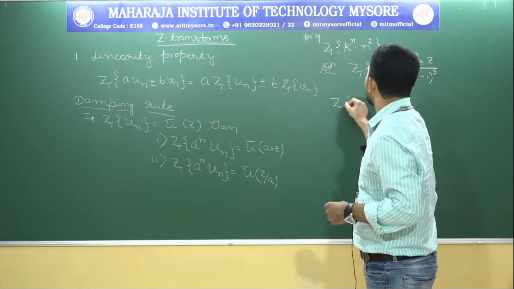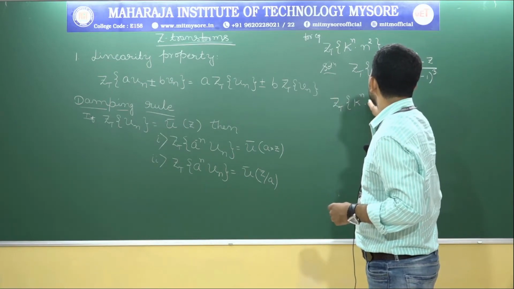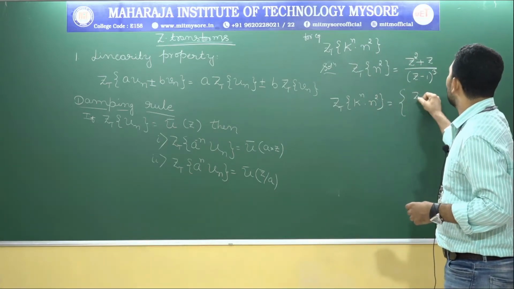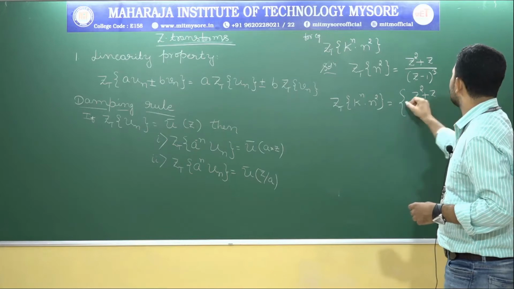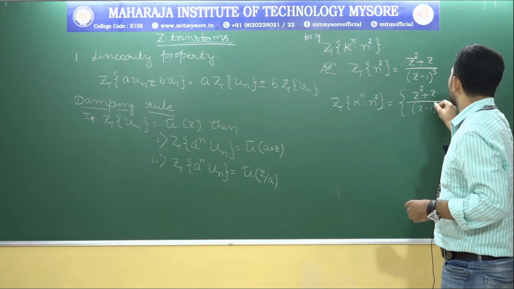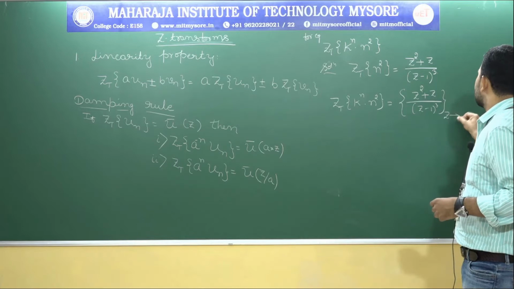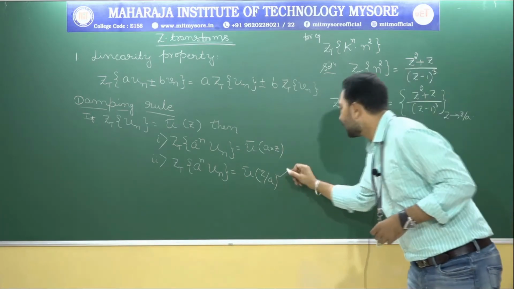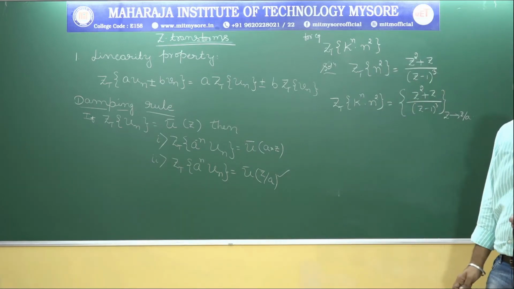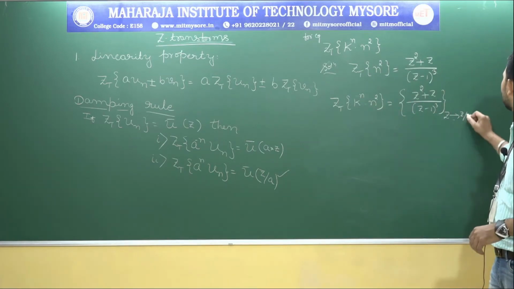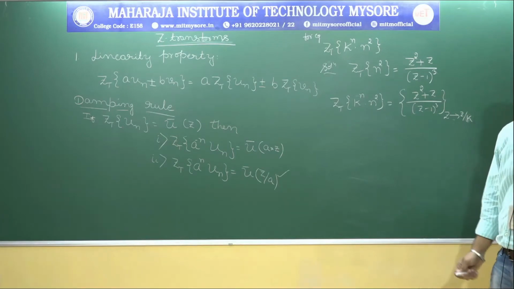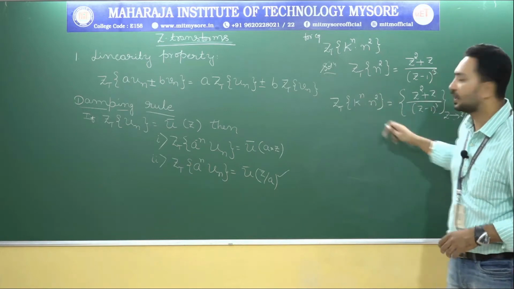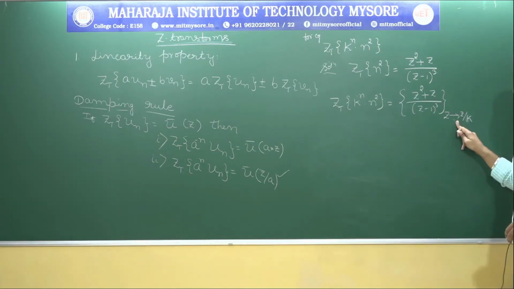Z transformation of k power n into n square, then we need to apply z square plus z divided by z minus 1 whole cube. We need to replace z by z by a using this damping rule. So here they have given k, so replace z by z by k. If they mention k power minus n, then we need to replace z by z into k.